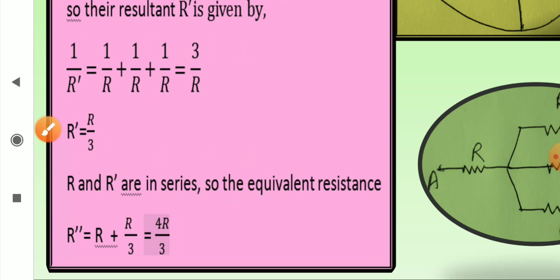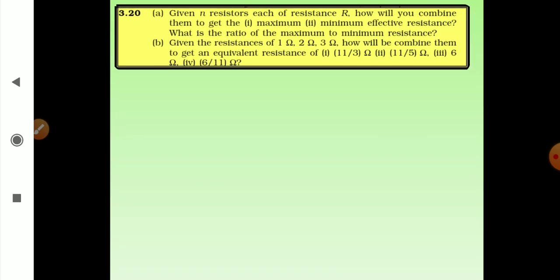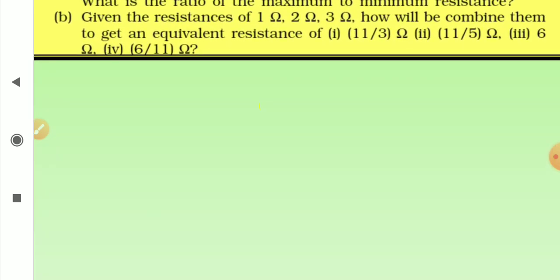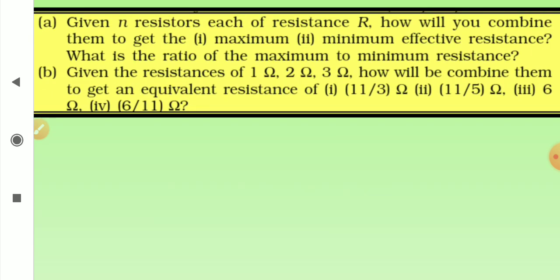Okay. So sometimes the equations look complicated, but if you look at them carefully, you will find them not to be that difficult. Okay. So this is an NCERT problem only and it is also a board question.